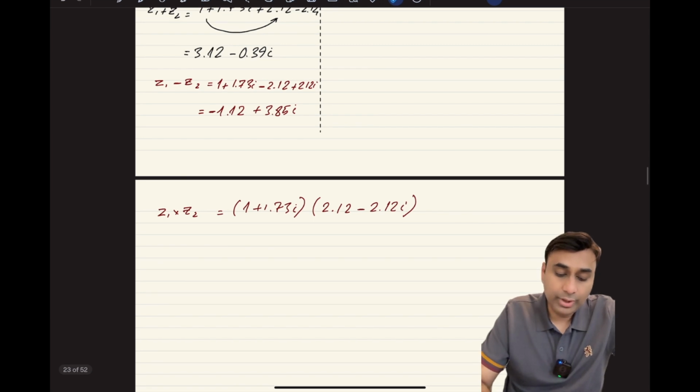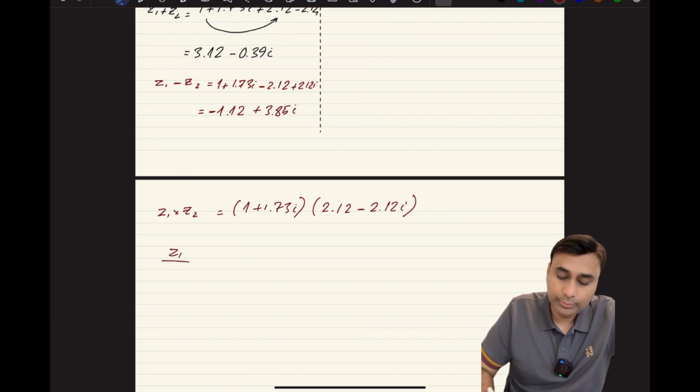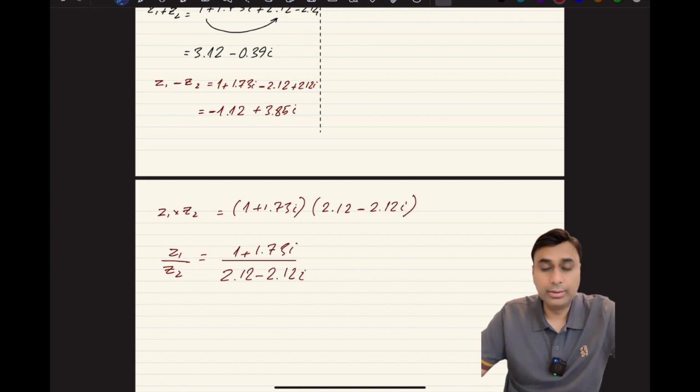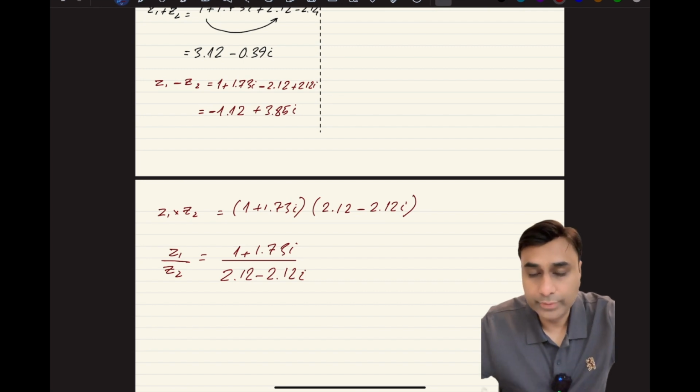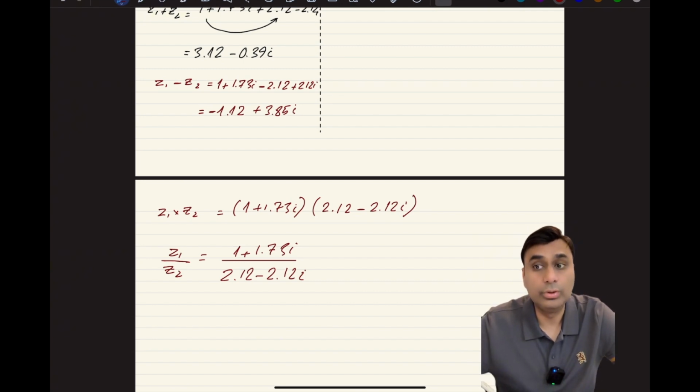Similarly, if I have to do z1 upon z2, I'm going to have to do 1 plus 1.73 iota divided by 2.12 minus 2.12 iota, and in this case, if I have to go on with this simplification, I'm going to have to do the process of rationalization. That's again pretty long.